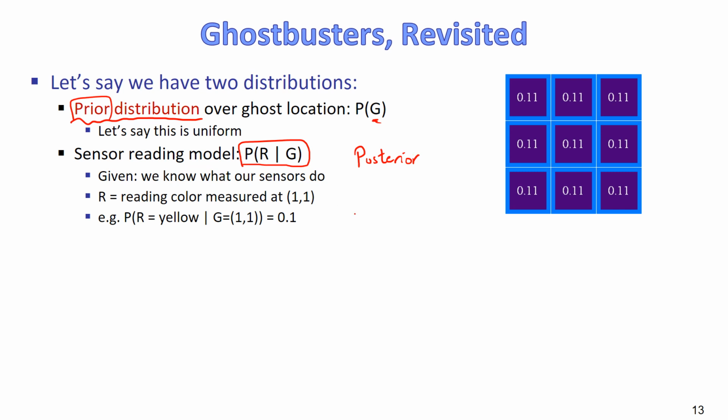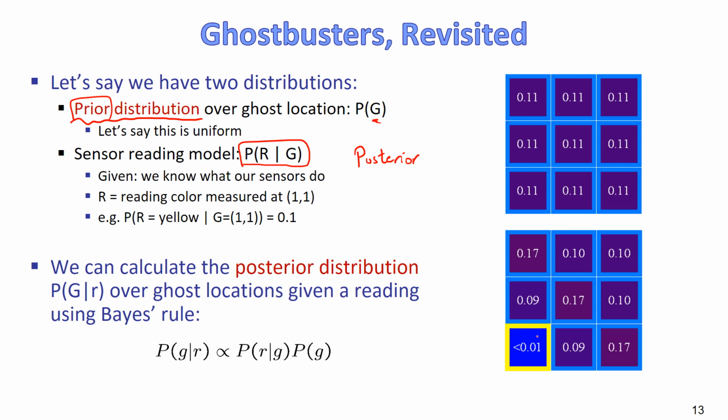For example, if I click here, and I got yellow, now my belief in having the ghost here, of course, will decrease, right? Because knowing that whenever I get yellow, most probably the ghost is a bit far from me. So instead of having 0.11 here, I will have something that is less than 0.01.